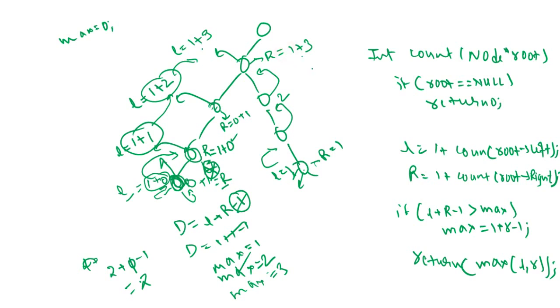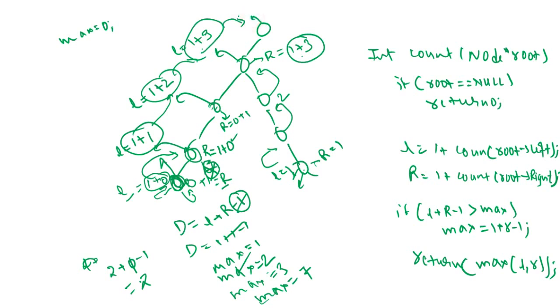So 4 plus 4 is 8, minus 1 is 7, so our maximum will be 7. Then I will return the maximum of both of them, since both of them are 4, I will simply return 4.